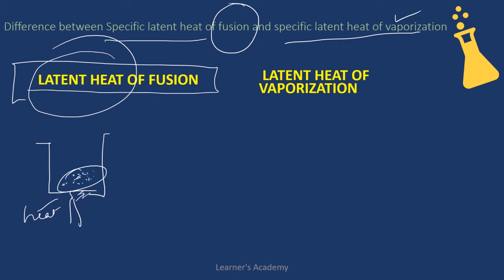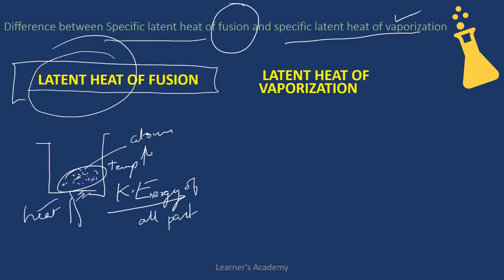Here, the heat which is absorbed by that solid substance is used in increasing the kinetic energy of all the particles. See, all the solids, they are made up of either atoms, molecules, etc. So that heat is absorbed by solid and is used in the increase of kinetic energy of all the particles of the body, as well as for doing work against the force of attraction between them.